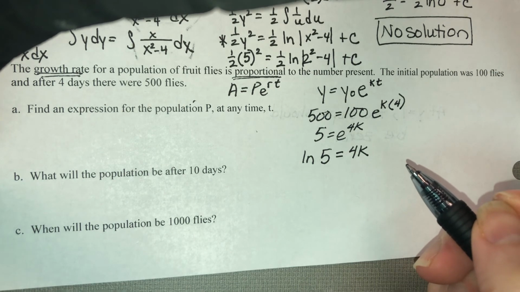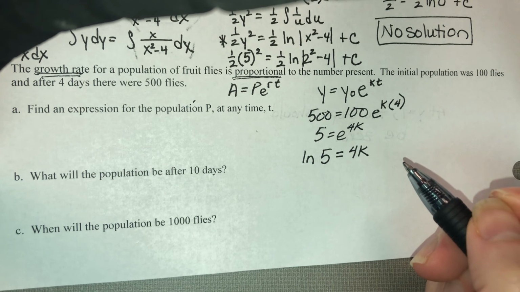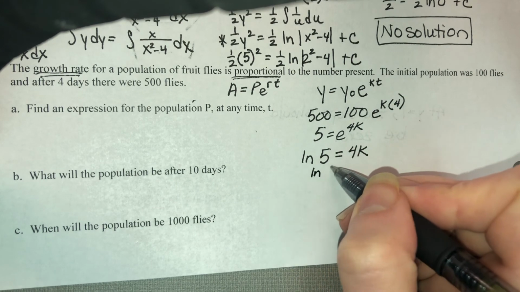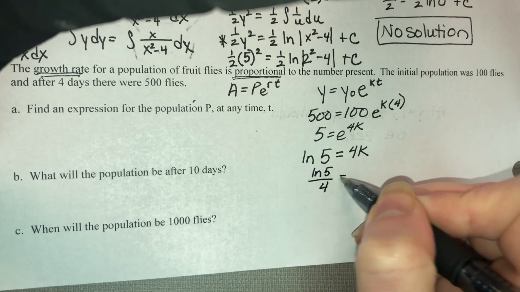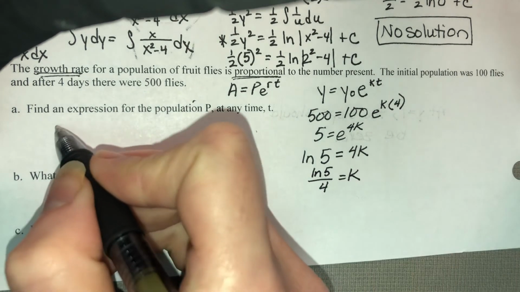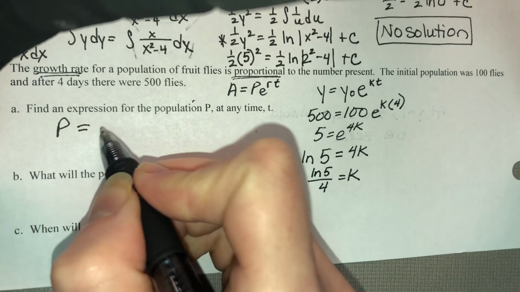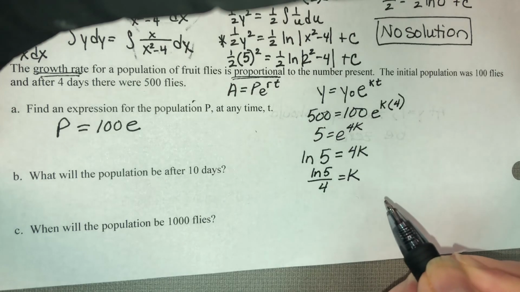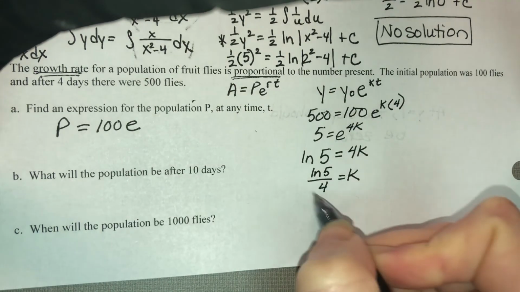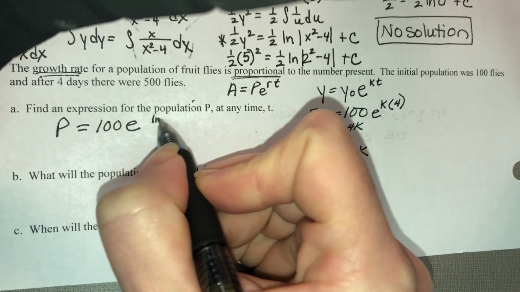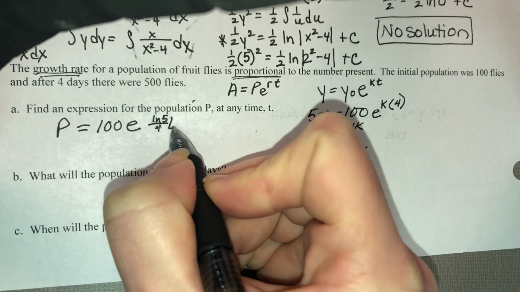And then you can either multiply by 1/4 or divide by 4 on both sides to get k by itself. Either one is fine. So the population is equal to the initial value times e to the power of kt, which is natural log of 5 over 4 times t.